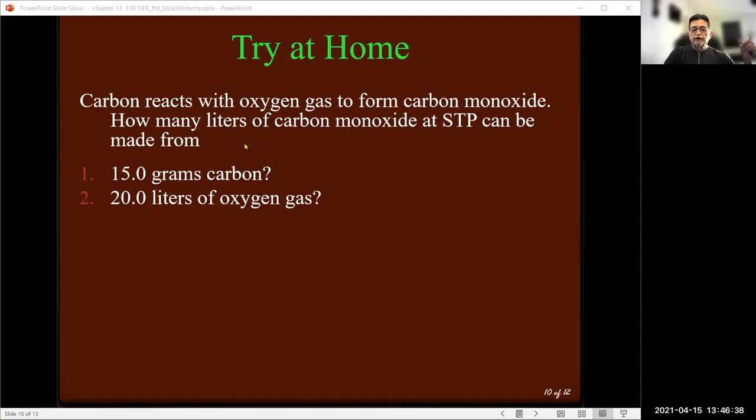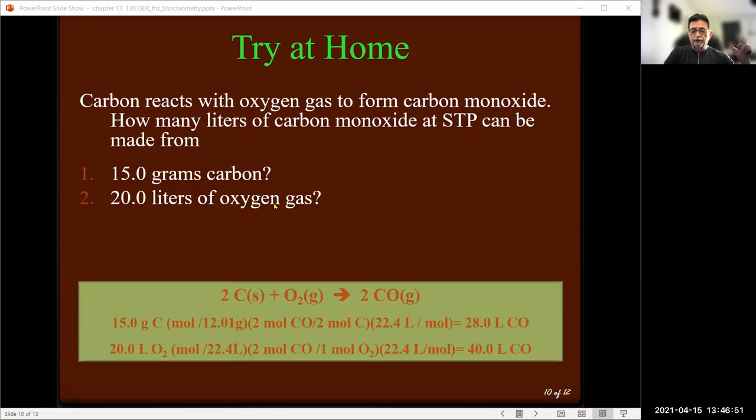Second question, how many liters of carbon monoxide at STP can be formed from 20 liters of oxygen gas? Okay, different conditions. With that, you should end up with 28.0 liters of carbon monoxide and 40 liters of carbon monoxide for question number 2.